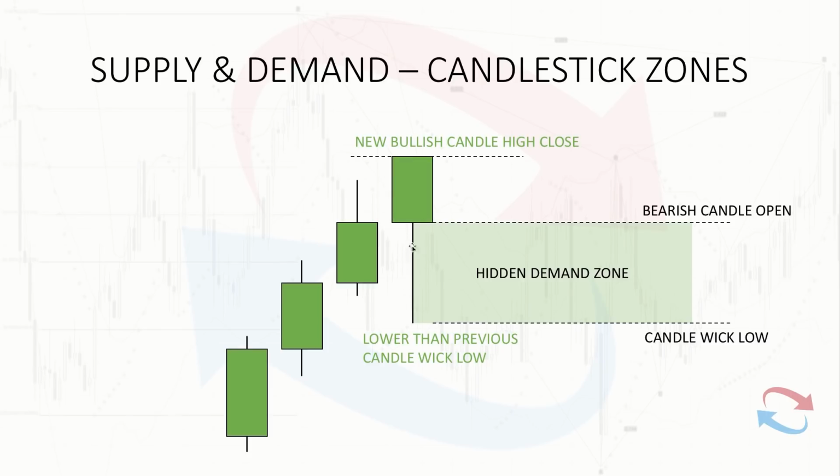So this now becomes hidden demand. This is where buyers throughout the day came in, saw this as an absolute bargain, so much so that they pushed prices higher. So this type of candle, where you have bullish candles or even a bearish candle in the sequence, is what is known as hidden demand.